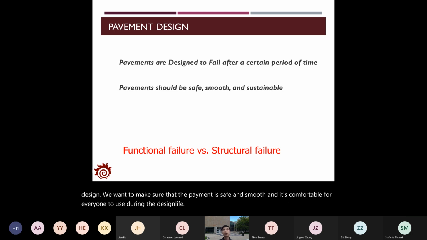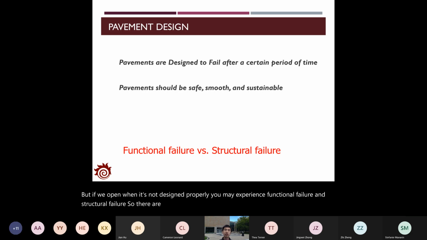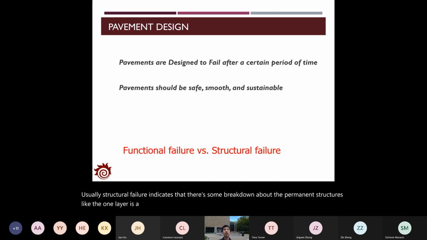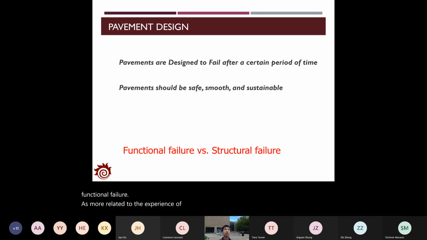But if your pavement is not designed properly, you may experience functional failure and structural failure. There are some differences between the two. Structural failure indicates that there's some breakdown of the pavement structure, like one layer breaking down, or very large cracking on the road, making it impossible for the pavement to support the traffic. Functional failure is more related to the experience of the road users.